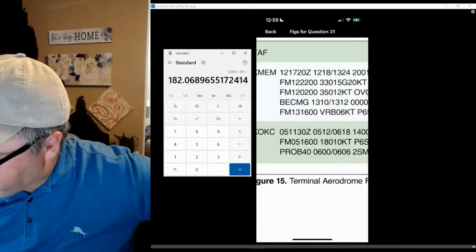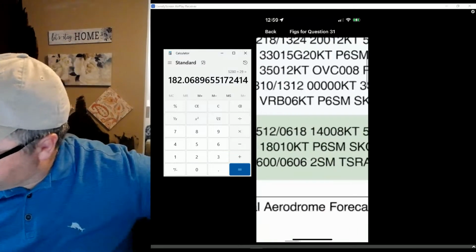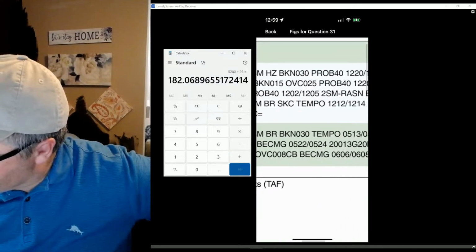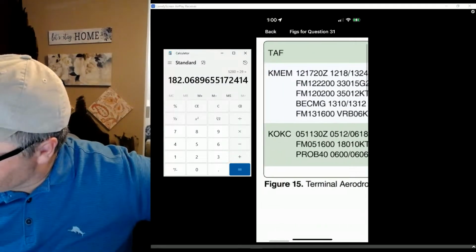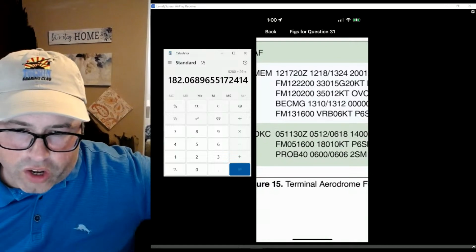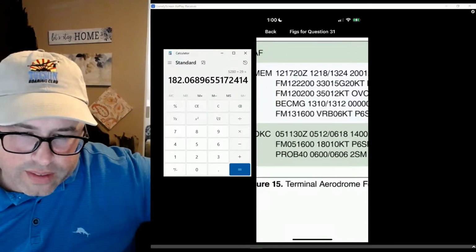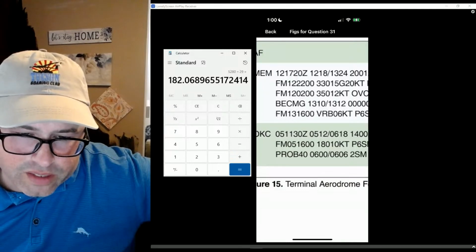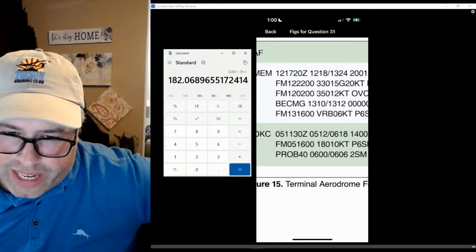So let's look around here just for some other examples. There's only the one from group. From on the 5th at 1600, we've got winds 180 at 10 knots. Again, just like the last question, it's always the direction, then the speed, 10 knots, KT.